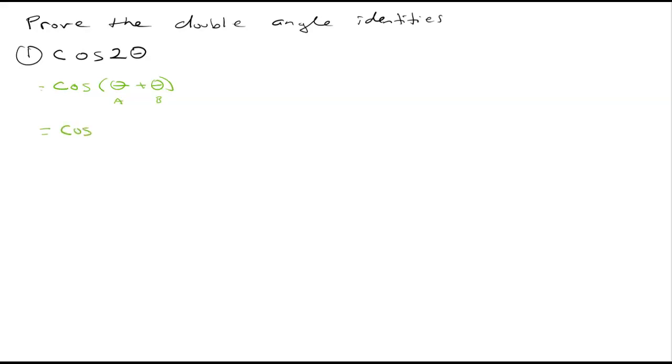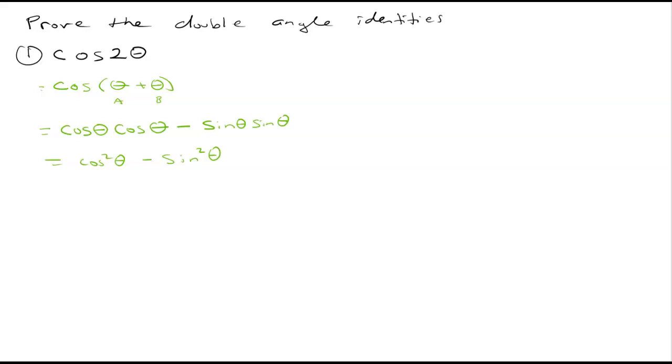So it's cosine of my first angle, A, times cosine of my second angle, B, and then opposite sign. So if we see plus, now we see subtraction. And then it will be sine of theta, and then another sine of theta. Cosine of theta times cosine of theta, that's where I get cosine squared. And then sine times sine gives me sine squared of theta.